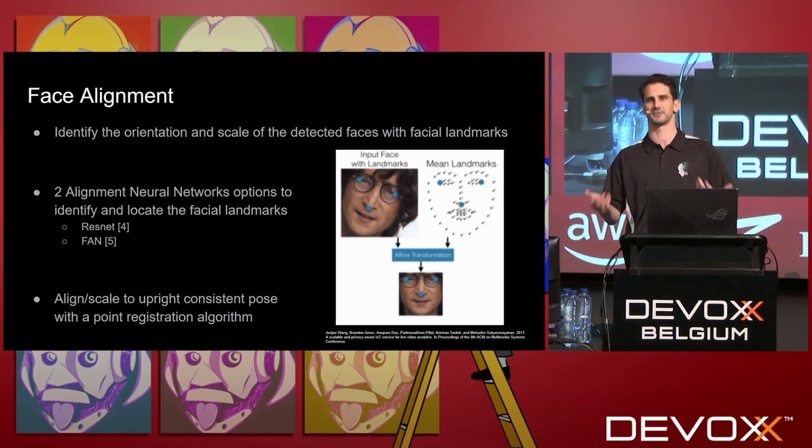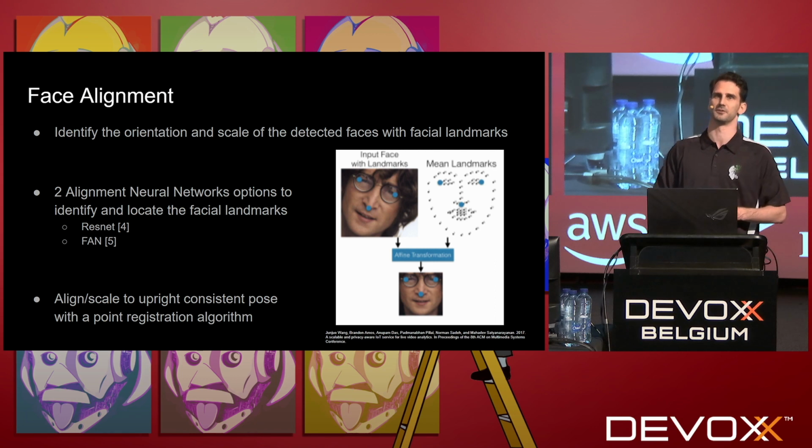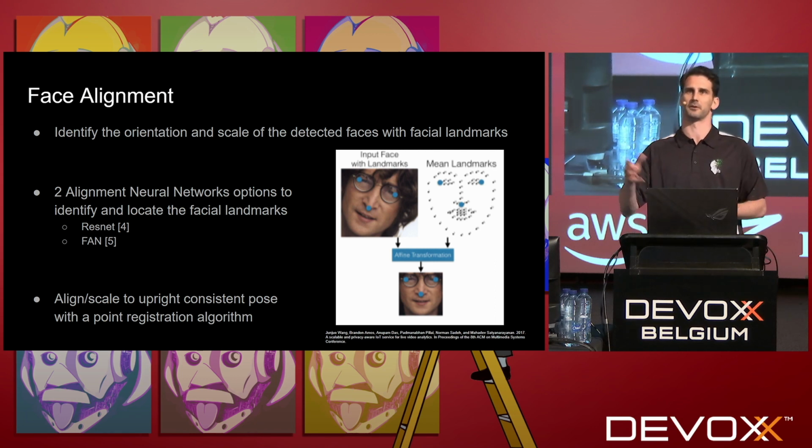It takes in a face, and the output is where all the specific landmarks on the face are. It returns us the coordinates, and then we can compare them with the average, mean, standard locations of a face. Using a point registration algorithm, we can warp and align the face, zoom it in, zoom it out, and scale it as necessary to get a standardized, consistent format. So this is the face alignment problem.